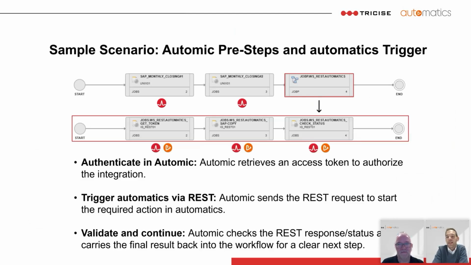And then Automic can check as often as necessary the current status, and can check for different status information so that Automic can decide, for example, if Automatics workflows fail, whether the Automic workflow has to fail as well or stop at this position, and the administrators have to solve the problem before the workflow can be finished. Or if it succeeded, you can directly go through the next steps and continue with the process without any interruption.